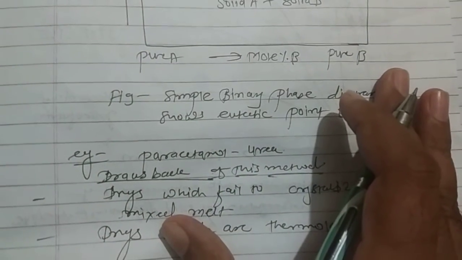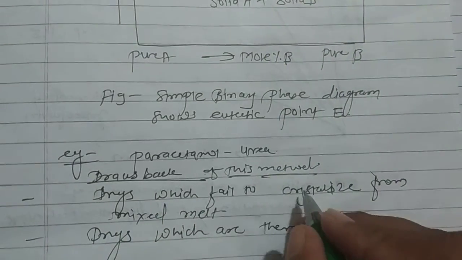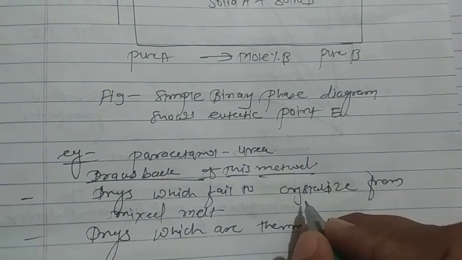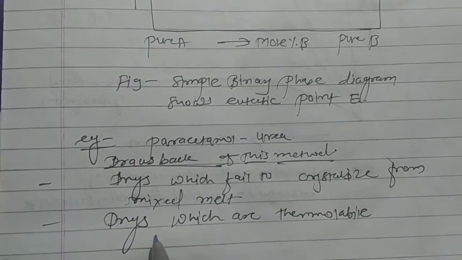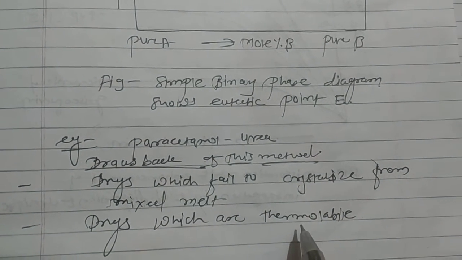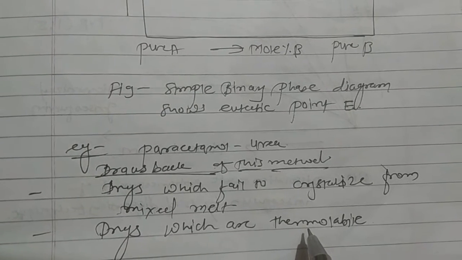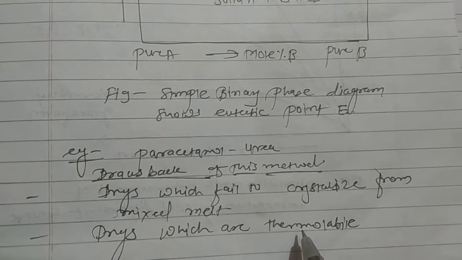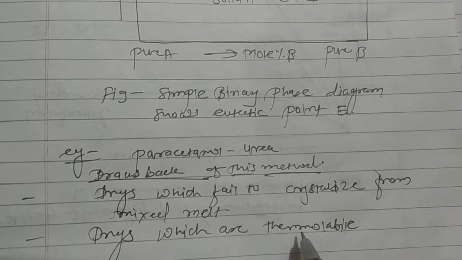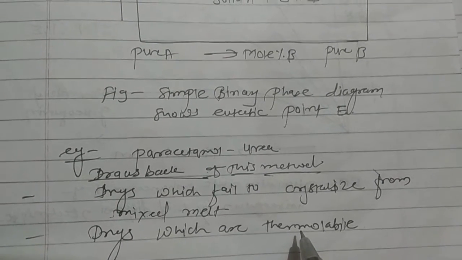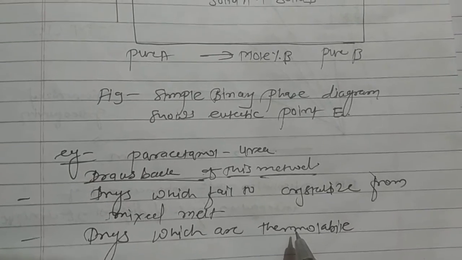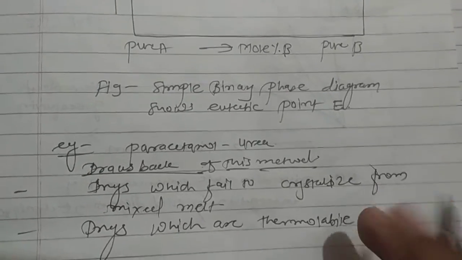If one substance fails to form in a crystalline form, then it is not suitable for this method. Next, drugs which are thermolabile, means those substances which are heat sensitive, cannot be converted into eutectic mixtures. Means the substance must be thermostable.